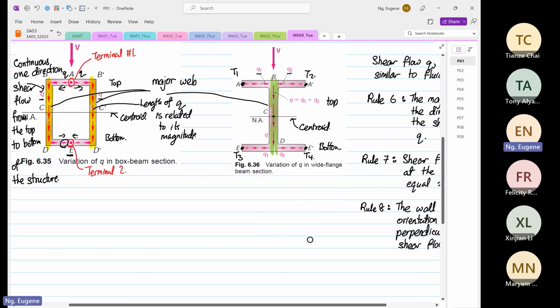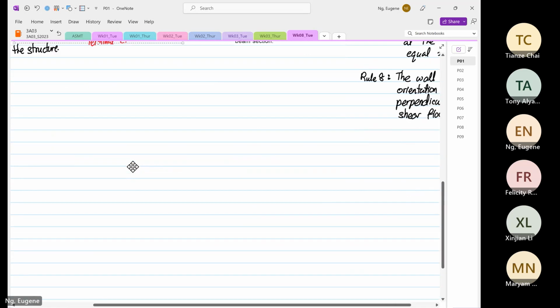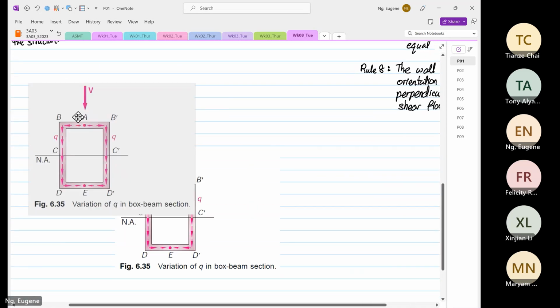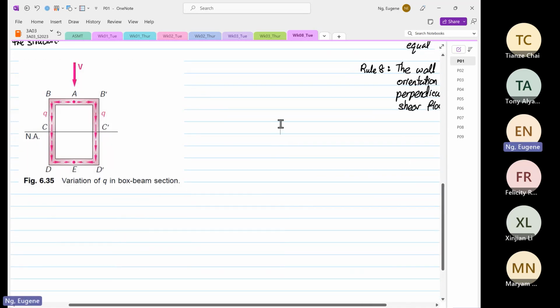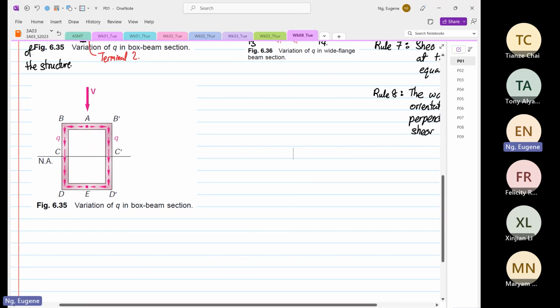So let's look at the box beam. All these pink arrows are your shear flow.